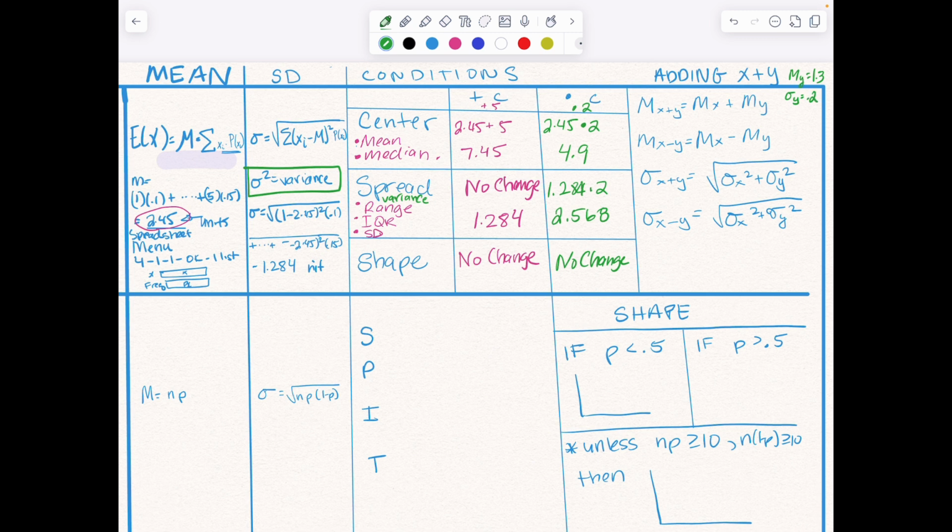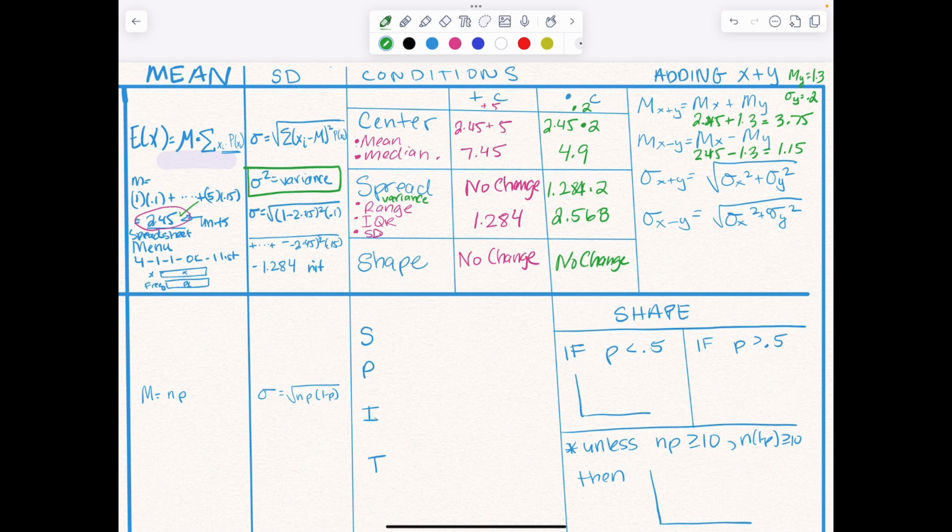If I ask you to add the mean of x plus y, then it's 2.45 plus 1.3, so it's going to be 3.75. The mean of x minus the mean of y is just 2.45 minus 1.3, which is going to be 1.15.